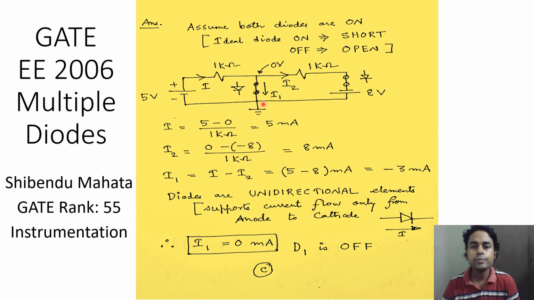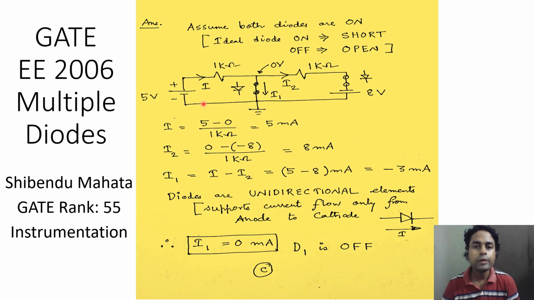So this simply means that this diode is actually off, and because this is off, you can substitute this diode by an open circuit, and the current I1 in that case will be equal to 0 milliampere. Therefore, only diode D2 will be in existence, and we can find out the current through this diode D2.